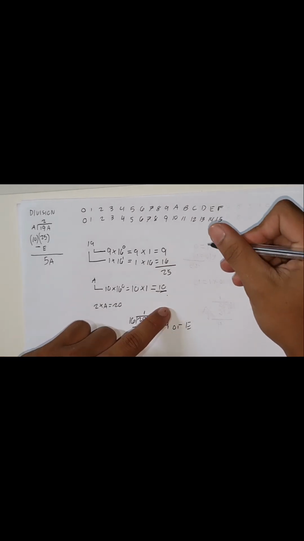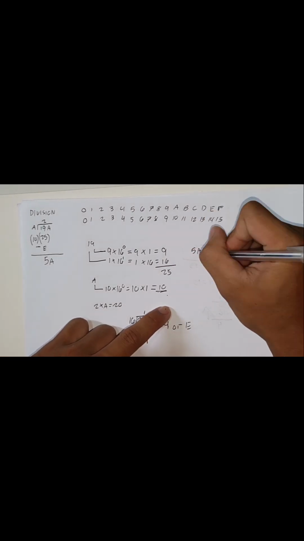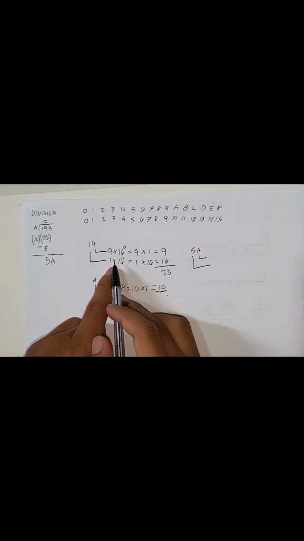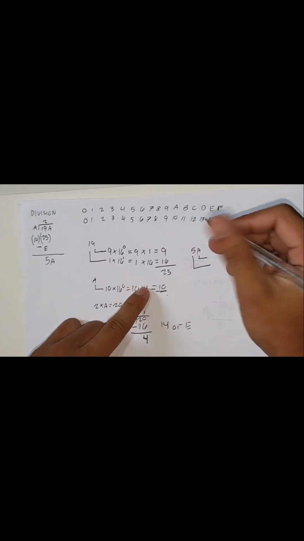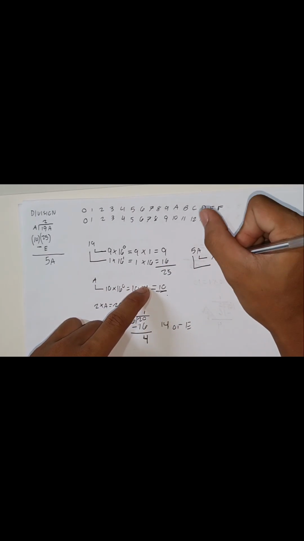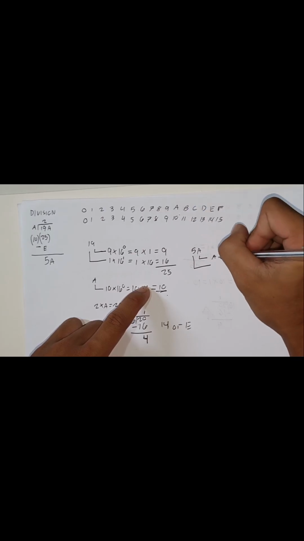So 5A. We repeat the process that we did with 19 and A. We have A, or 10, times 16 raised to the power of 0, which is 1, and 10 times 1 is 10.